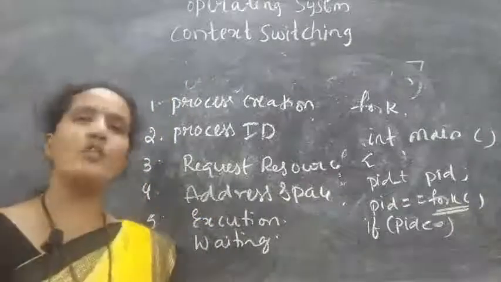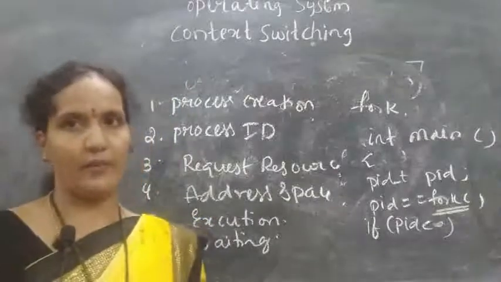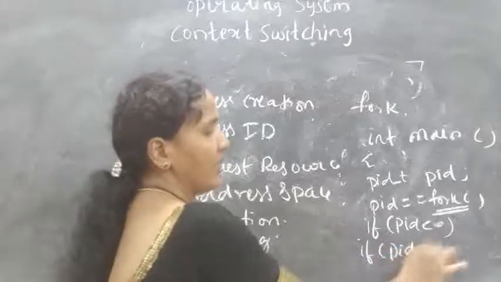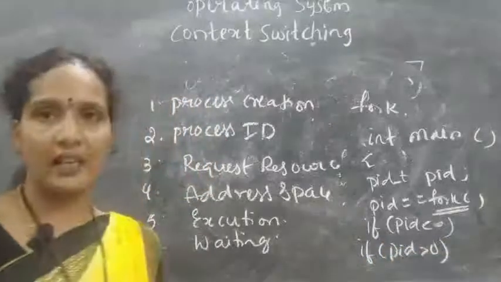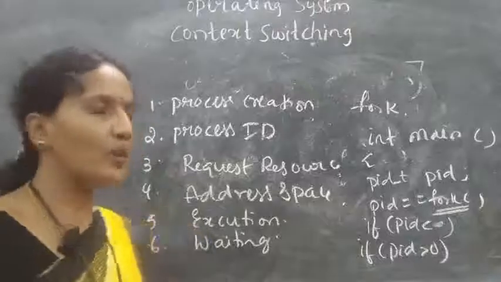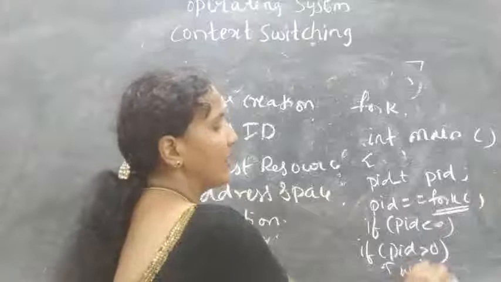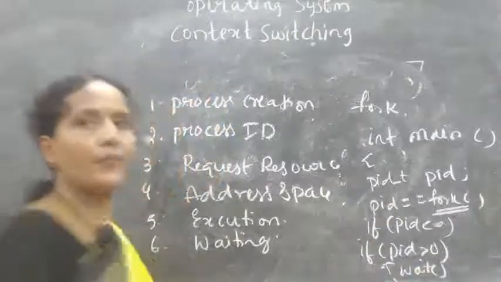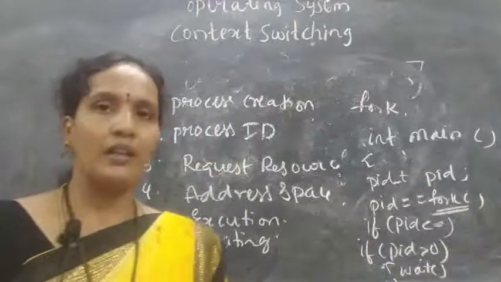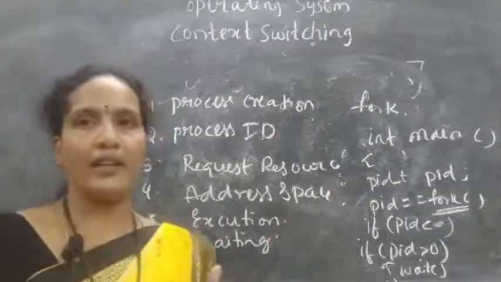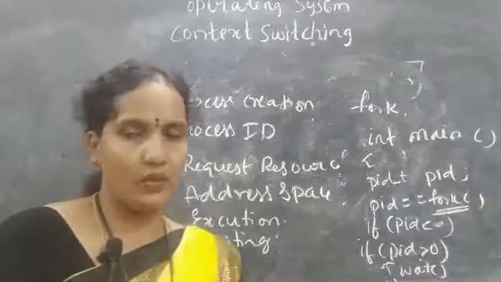If it is less than 0, it means the child process has not been created. One more example: if pid is greater than 0, then more child processes are created. If more child processes are created, then the parent process should wait till the execution of the child process. So for fork, there are three situations. When fork returns less than 0, pid.